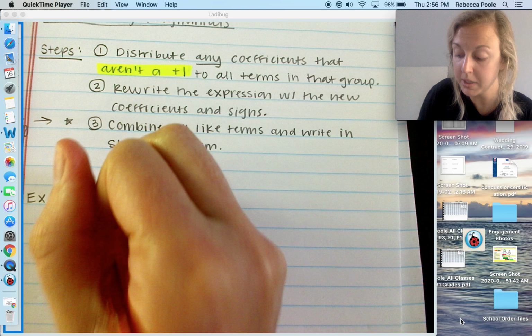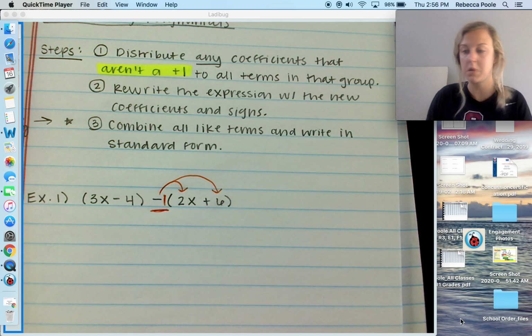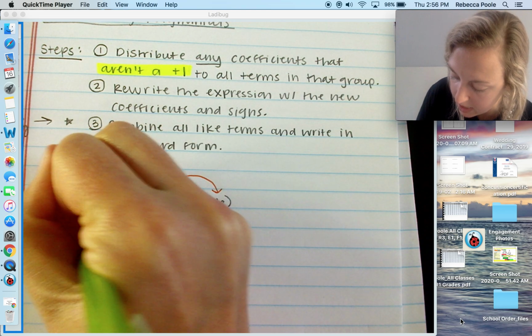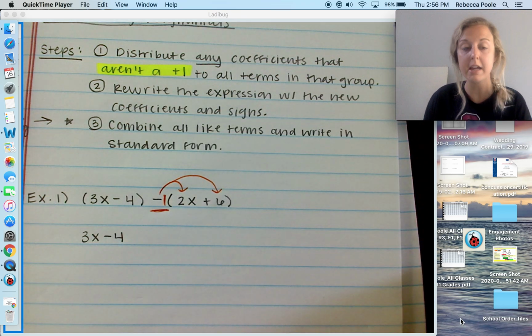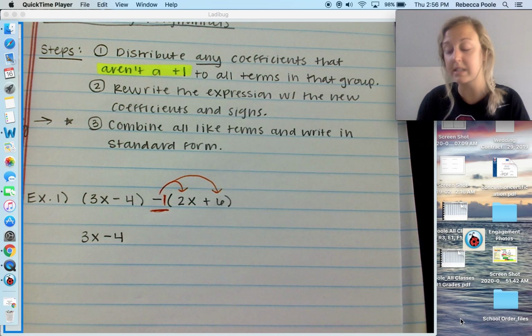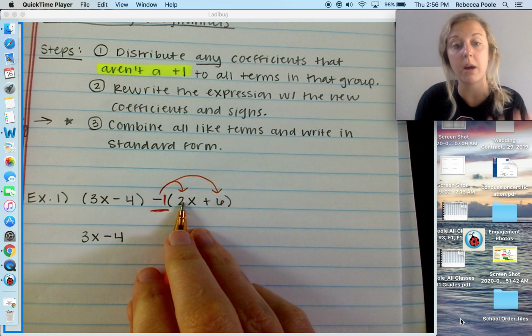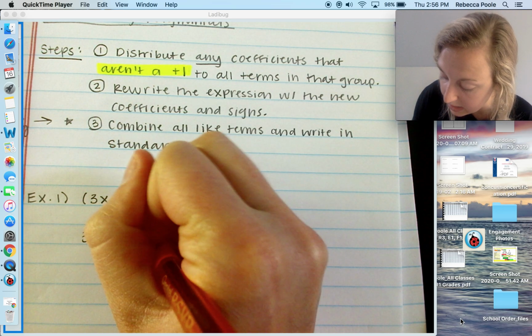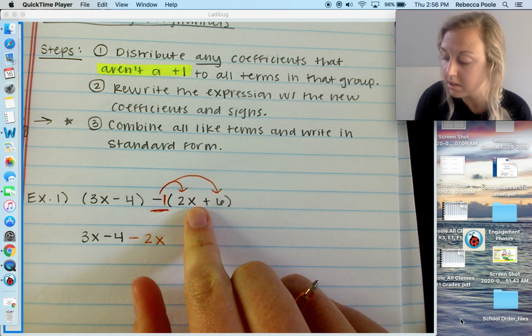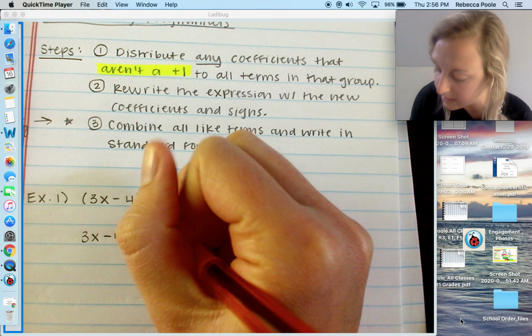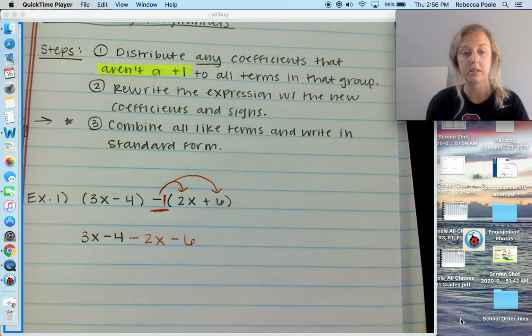So, did we touch this first part? No. So this is just going to be 3x minus 4, right? But now look at your second polynomial. Negative 1 times 2, because when I distribute, I'm multiplying. So that's negative 2, and it had an x. Negative 1 times 6 is negative 6.